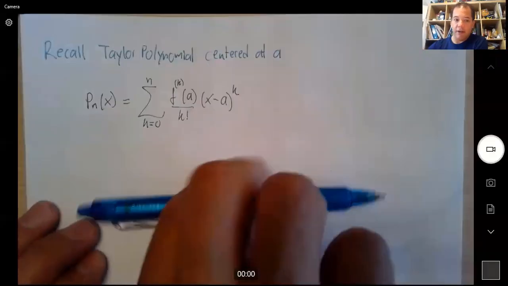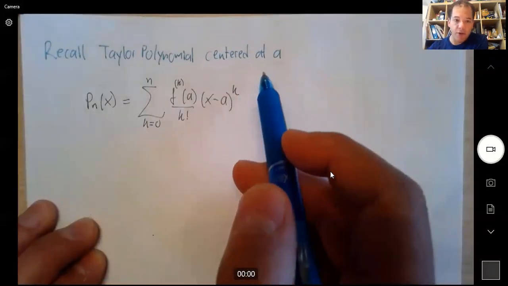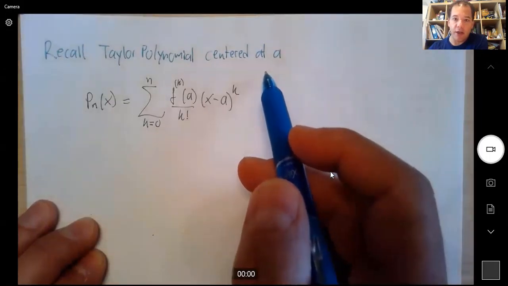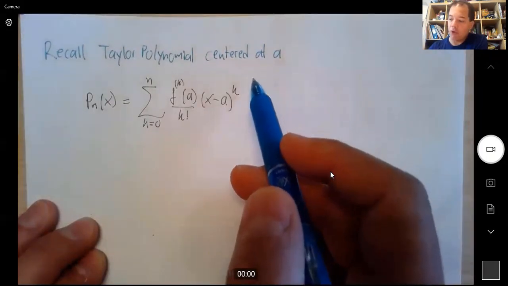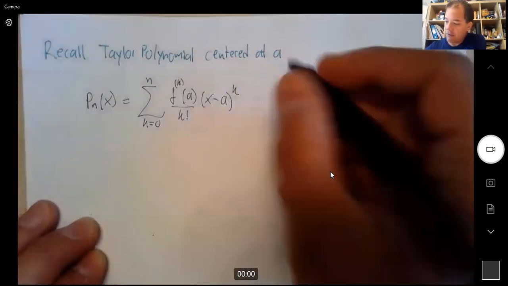Here's what I'm talking about. What we need to remember are Taylor polynomials, right? If you remember Taylor polynomials, we use these as the best polynomials we could create to approximate our function near a center a. So the center is important.